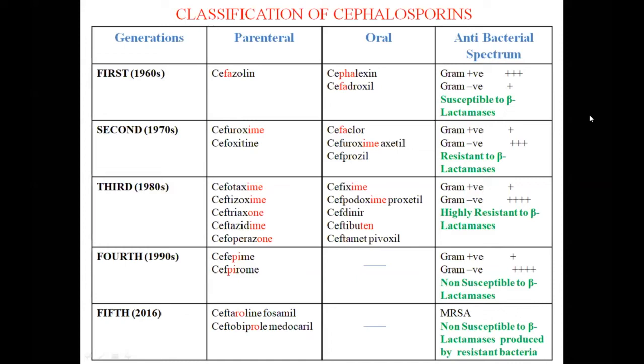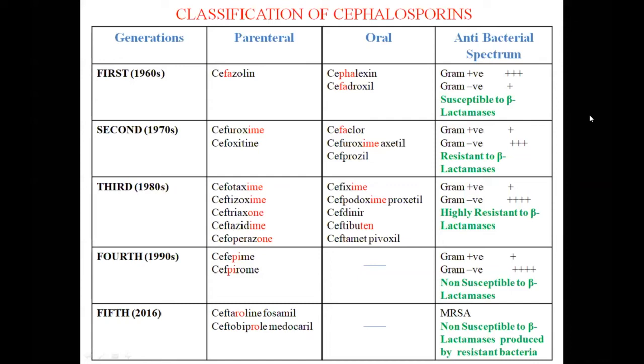So the second generation cephalosporins came up in the 1970s, and these drugs are resistant to some extent to the beta-lactamases, and they are more effective against the gram-negative, as you can see in the antibacterial spectrum. This is a broad understanding that gram-negative organisms, as well as certain gram-positive, but more of the gram-negative organisms are taken care of by the second generation cephalosporins.